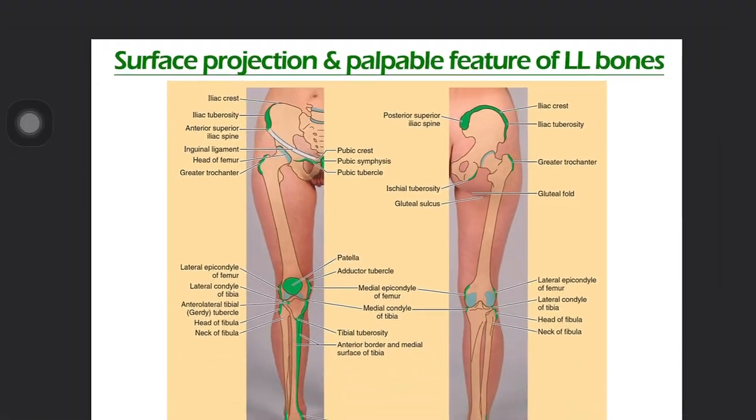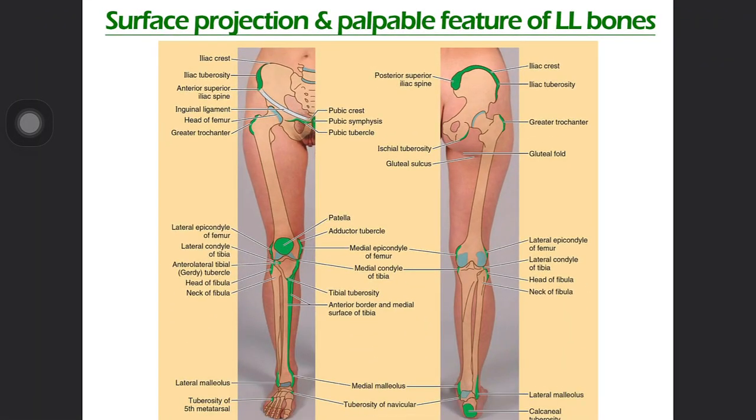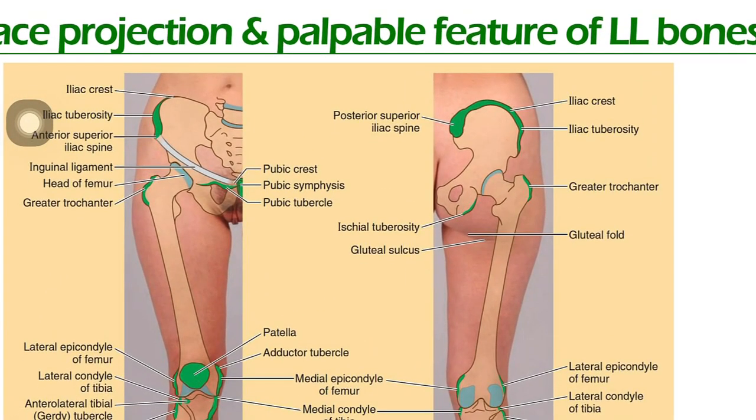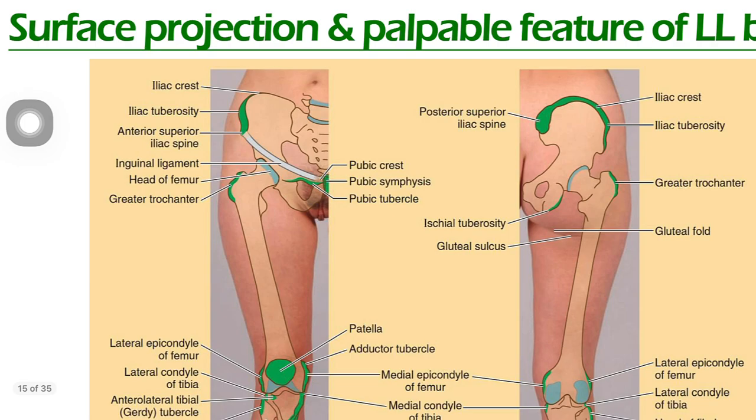So why do you need to know all of these? Because these are the surface parts, very superficial parts. Say for example the usage of it for you. Later on when you do the clinical assessment, the ASIS is something you cannot miss. Remember the ASIS, very important landmark.